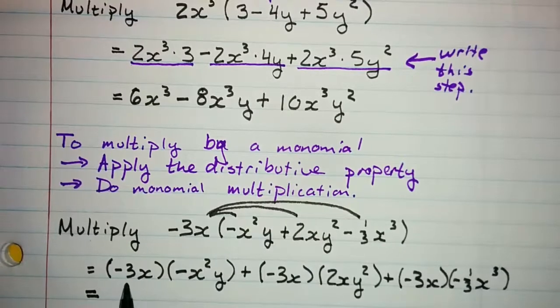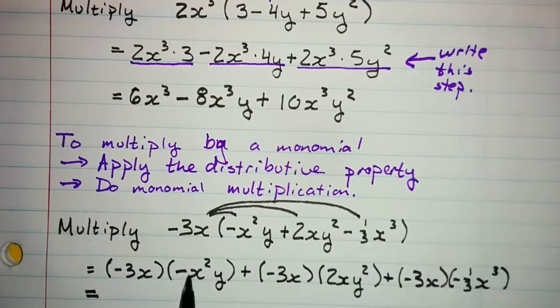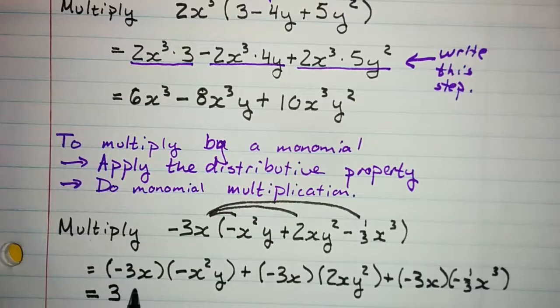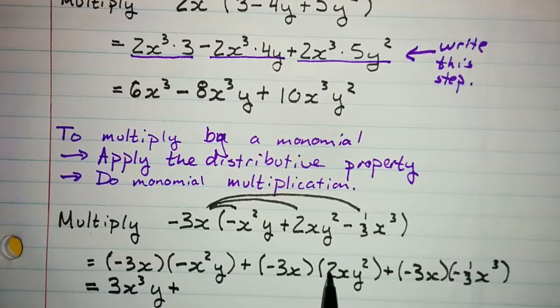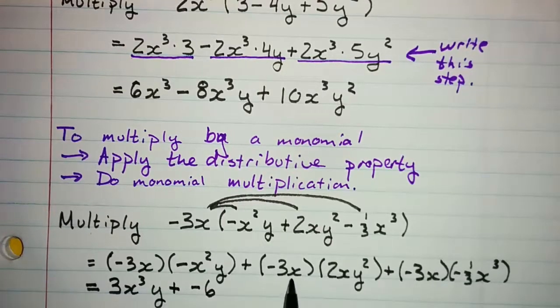What do we have? So just a negative sign in front means the coefficient is negative 1. Negative 3 times negative 1 will be positive 3. X times x squared is x cubed, and then y is my only y factor here. Plus, negative 3 times positive 2 will be negative 6.